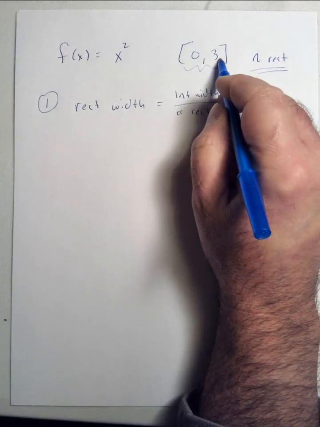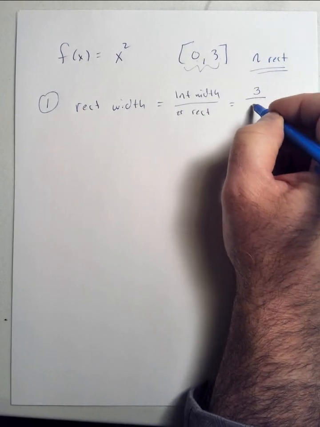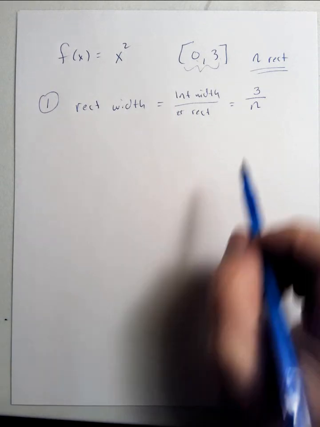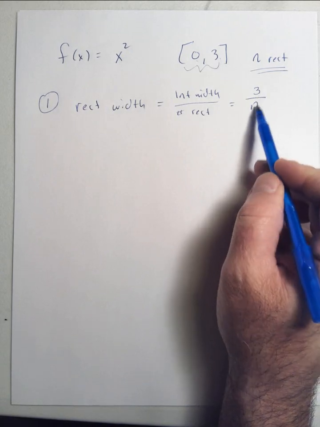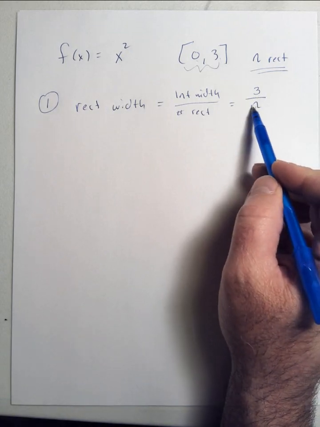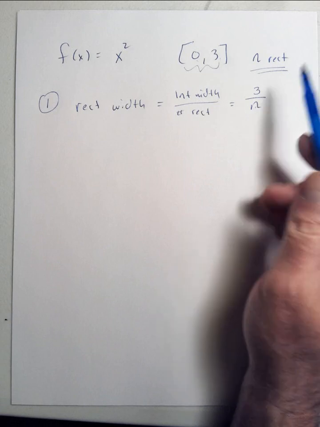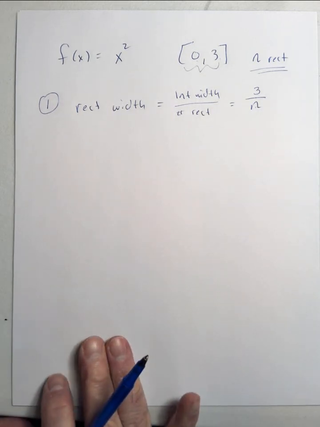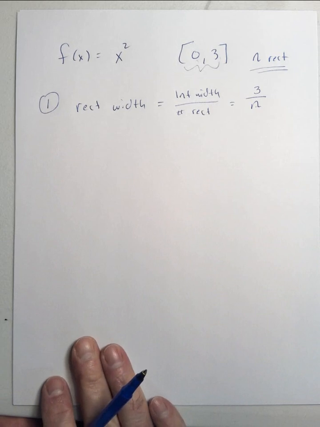In this case, my interval width is 3, and I have n rectangles. So each rectangle is going to have a width of 3 over n. If you remember when we did 6 rectangles, my width became a half. If I had 12 rectangles, my width would be a fourth, and so forth. So you see the width of that rectangle heading towards 0, which is why this process works.